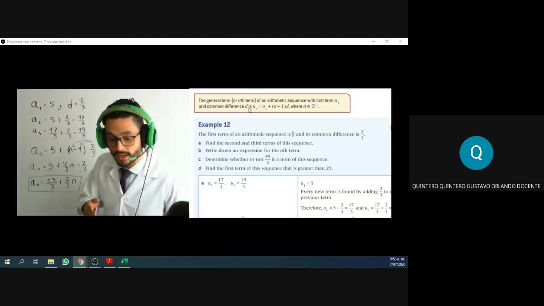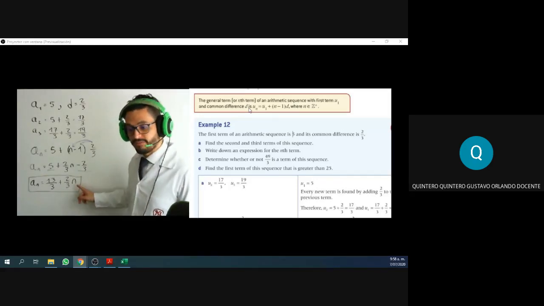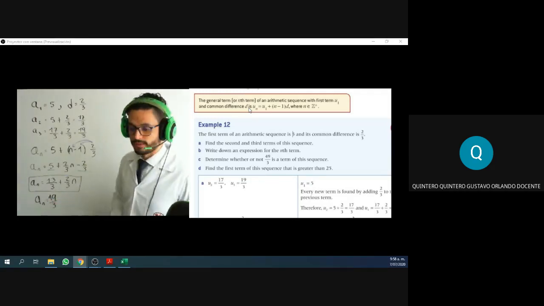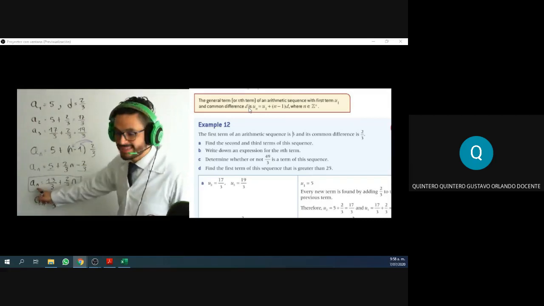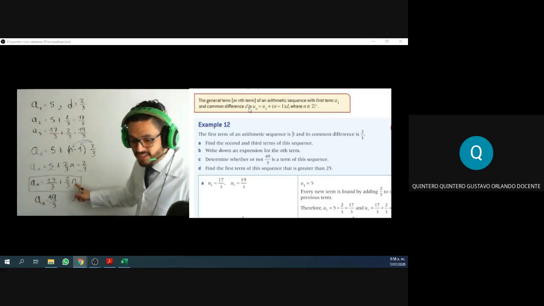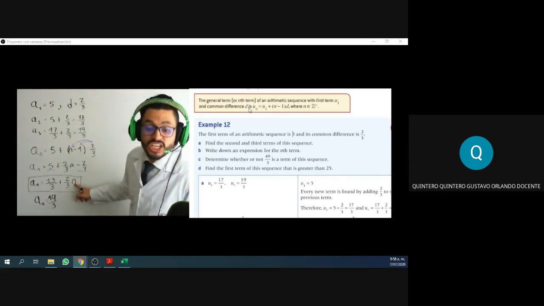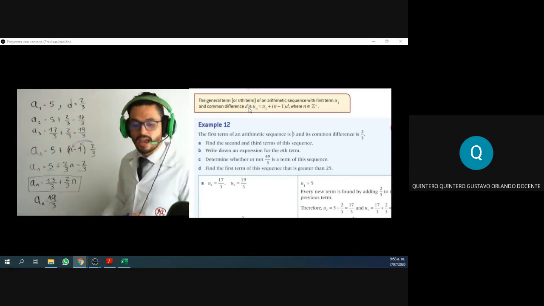There is another way. Instead of having to use the formula and replace the values of n, we can use it backwards. Look, we want an to be 49 over 3. That is what we want. So let's replace this in the formula and isolate n. That will give us the position where 49 over 3 appears.